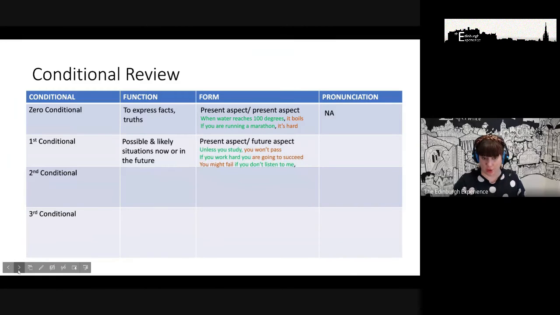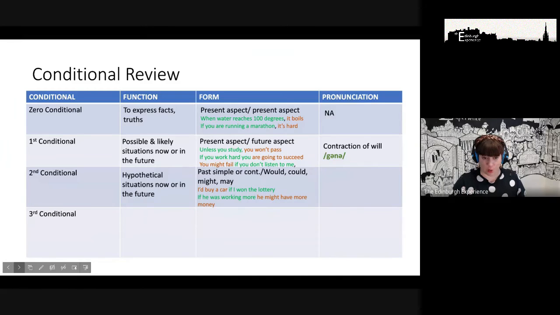We construct that with present tense in our situation clause and future tense in our consequence clause. The pronunciation that we need to consider here is contraction of will and making "gonna" instead of "going to".